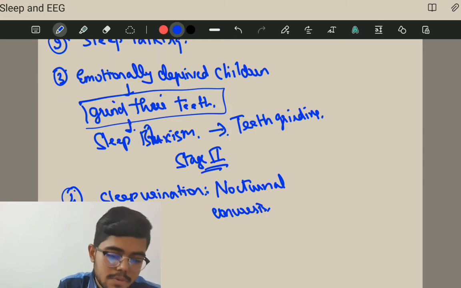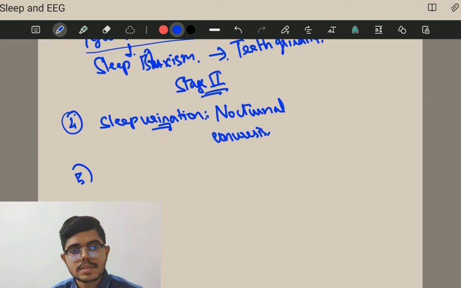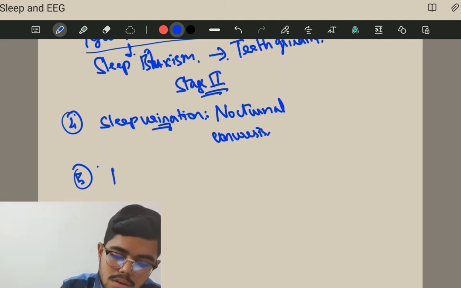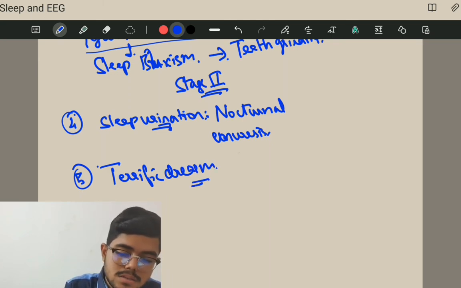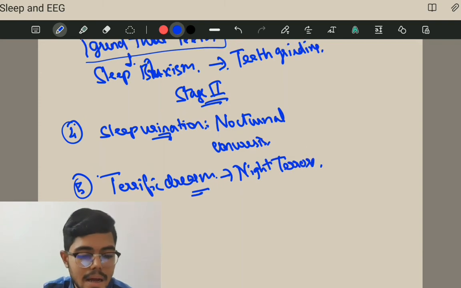Next important point is that there might be terrifying dreams, which we call night terrors. That's it. Terrifying dreams may occur in NREM sleep.